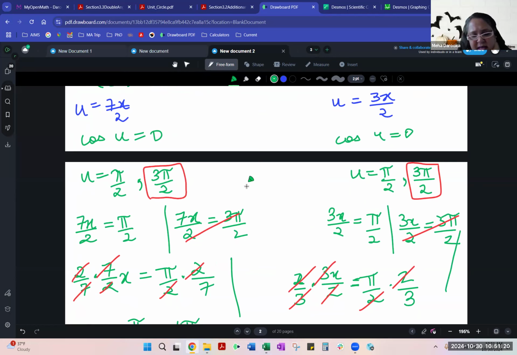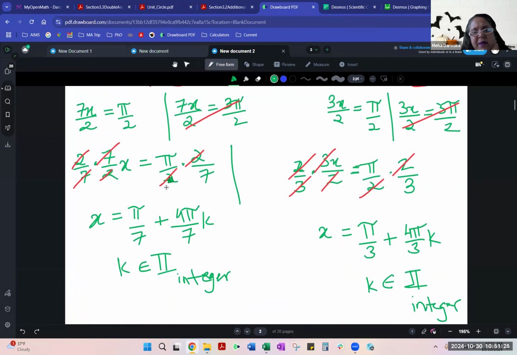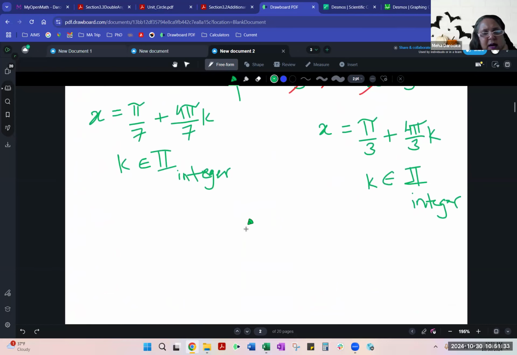Let's see what happens if we did actually solve for x with the 3 pi over 2. And let's just take a quick look at what would happen if we did simplify that. So we had 7x over 2 is equal to 3 pi over 2.